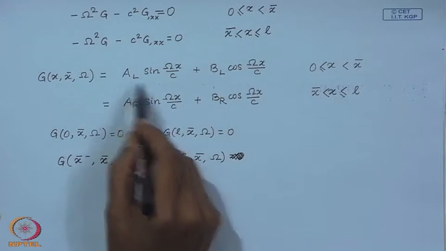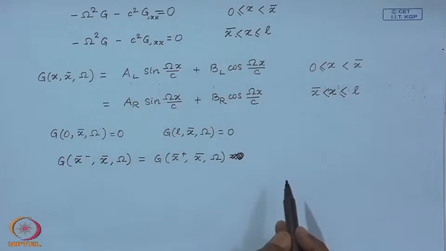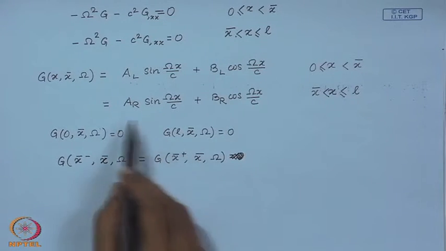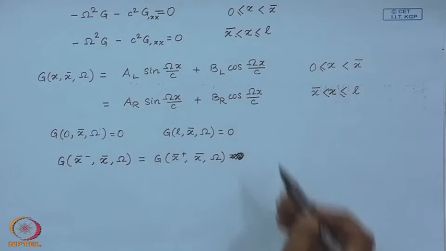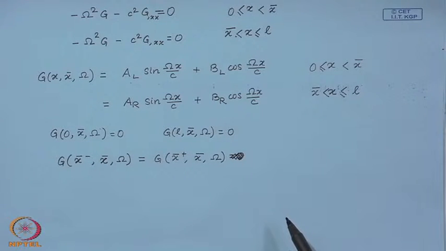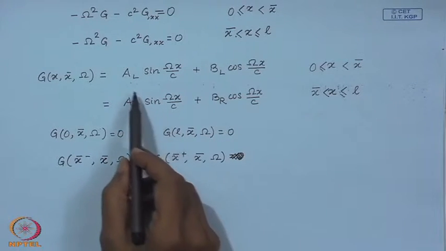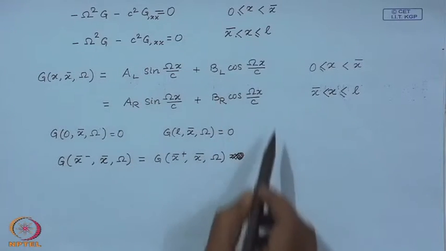Now, we have these 4 unknown coefficients A L, B L, A R and B R, which are to be solved in order to determine the Green's function.